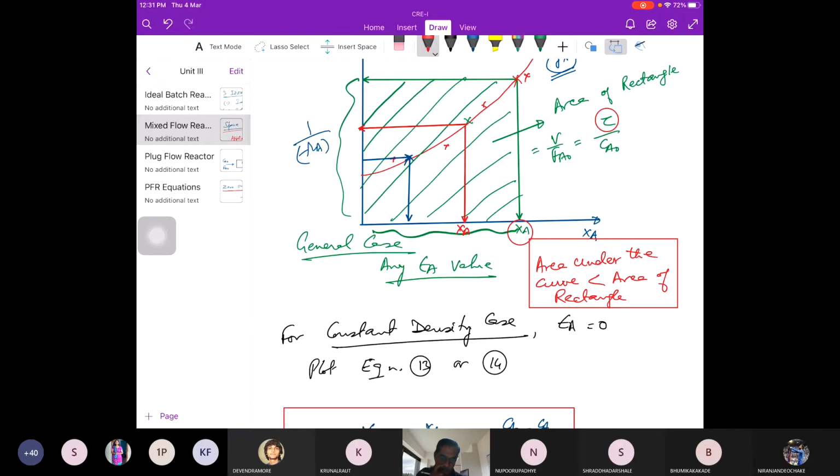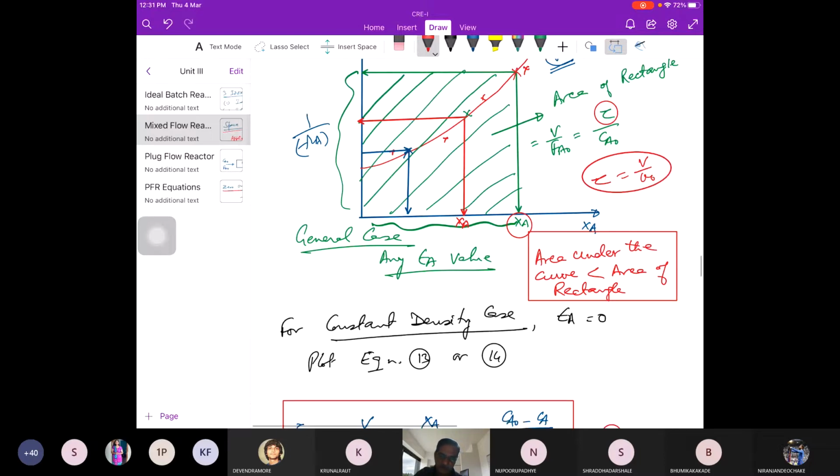So what is happening is that I need a bigger area for the CSTR than for the batch reactor, or a bigger volume. Tau is nothing but V upon V0. This tau will keep increasing, that means the volume of the reactor will keep increasing. This is the reactor volume. But that we'll see later. But understand the difference.